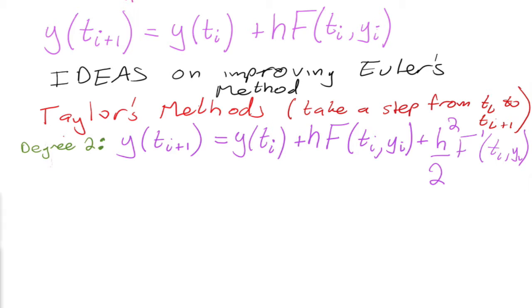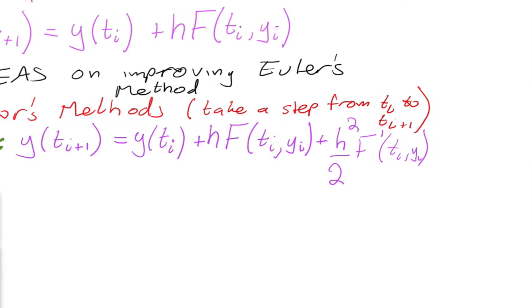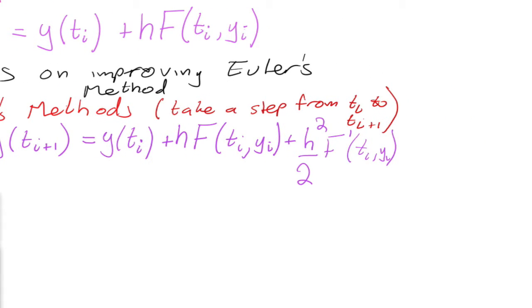And then what would the error be? The error, remember, so let's write this down so we don't forget. So we would have some stuff here. Do you guys remember this stuff? So what would the next term be?